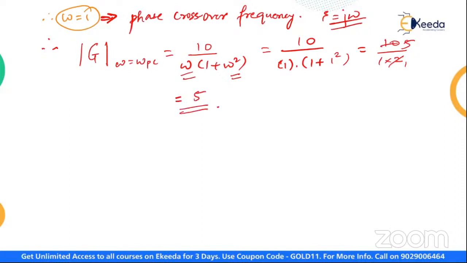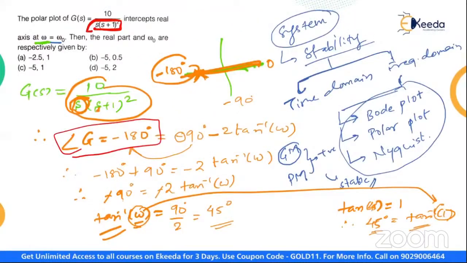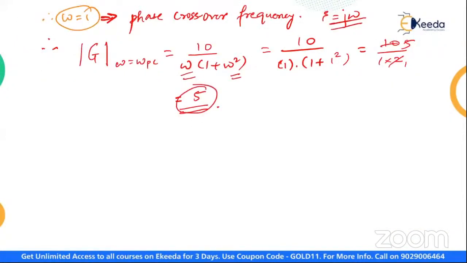Is that correct? Yes. Which means the point at which my polar plot is crossing is nothing but 5. But now this 5 has to be which 5? It has to be negative 5, because they've given that the intercept on the real axis is at omega equal to omega naught. Therefore, this is definitely which point?